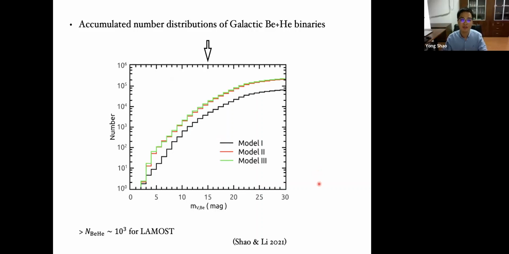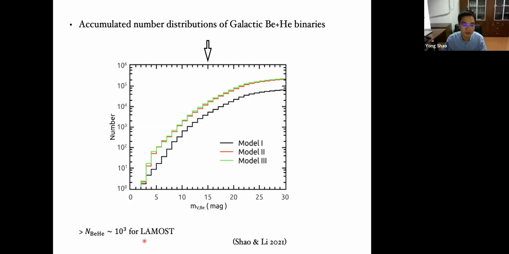And this diagram shows our calculated number distribution of galactic B plus hidden star binaries as a function of the apparent magnitude of the B stars.